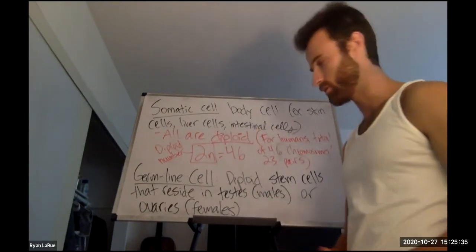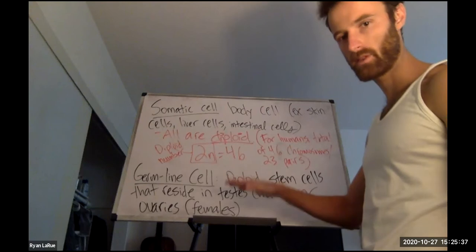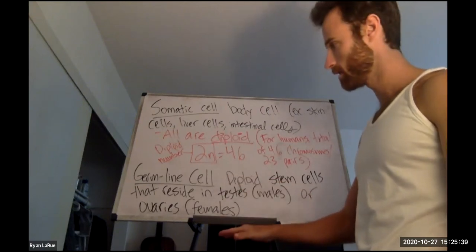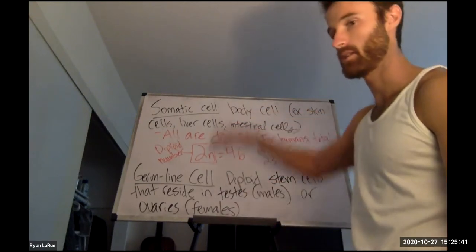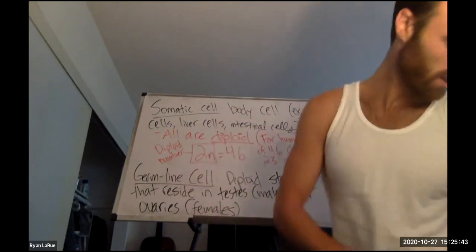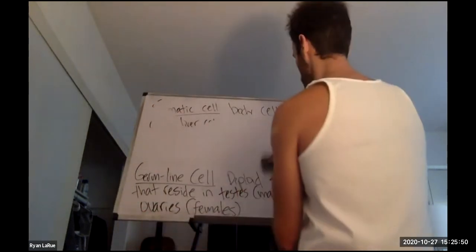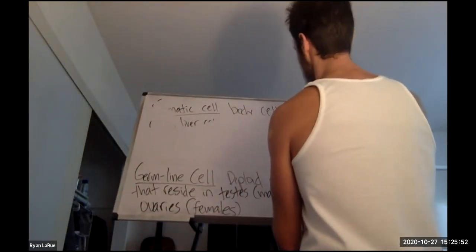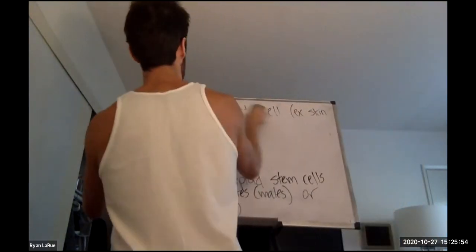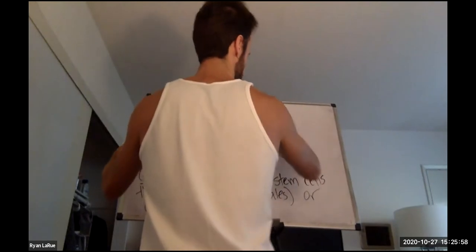I ran out of room, but just in your notes, right below germline, I'm going to erase up here and keep writing. So our germline cells are the ones that are going to do meiosis. That's why they're important.